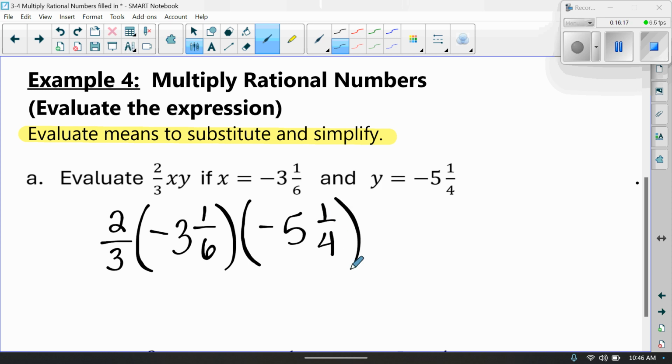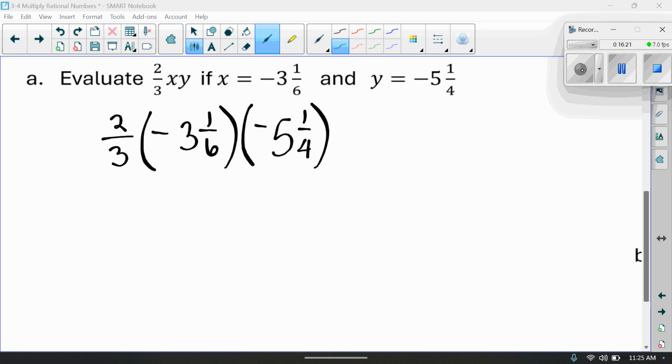Is everybody with me? So now we want to simplify. So the first thing when we're simplifying is we want to change those mixed numbers to what? Improper fractions. Very good.